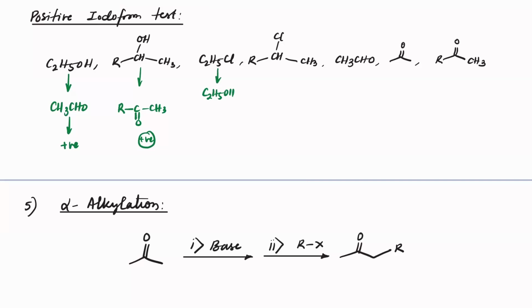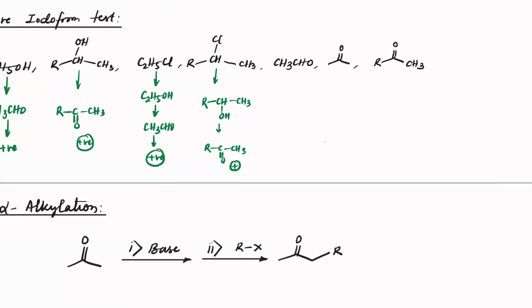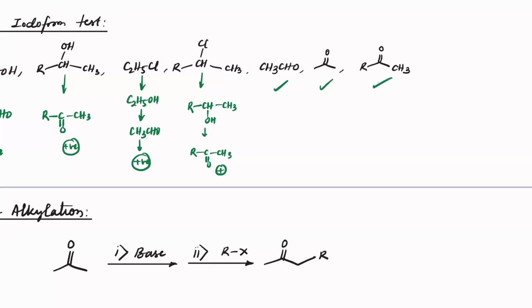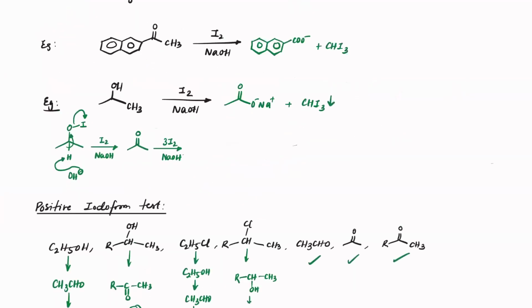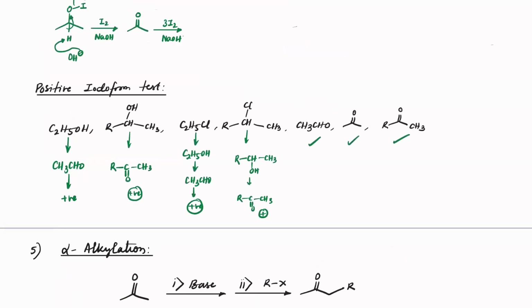That ethanol will convert into acetaldehyde, and that will give you a positive test. So here also same thing. First it will convert into alcohol, and that alcohol will convert into a ketone by oxidation, and then you will get a positive test because there is a methyl group on it. This will give positive, positive, and positive. So all of these will give a positive haloform test or positive iodoform test. Next.